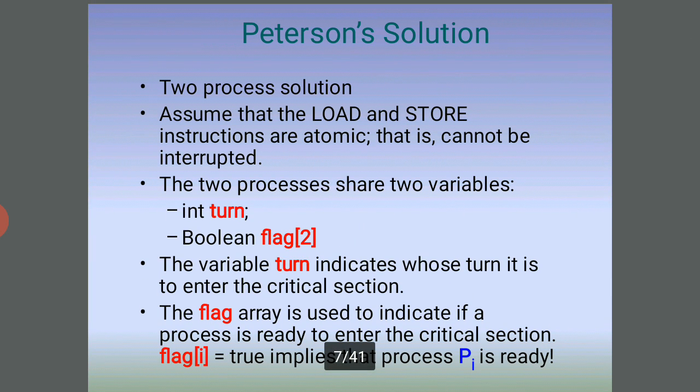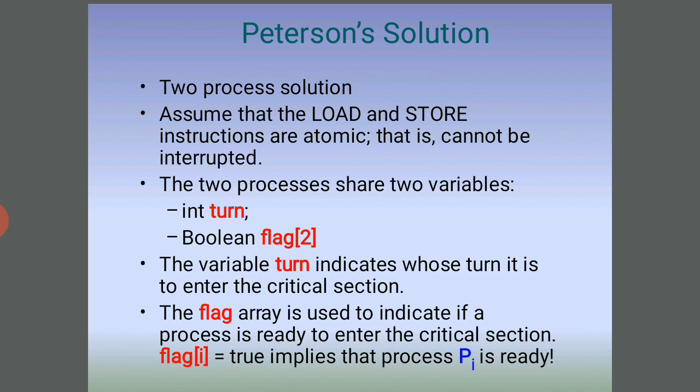Peterson's solution: Peterson is the author of a two-process solution. We assume that the load and store instructions are atomic, that is, they cannot be interrupted. The two processes share two variables: int turn and boolean flag[2].